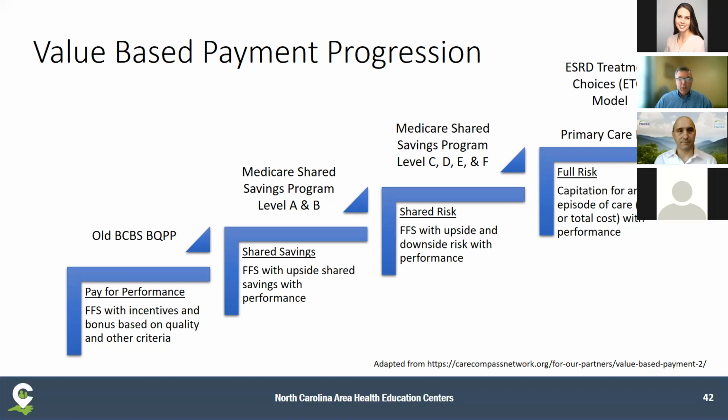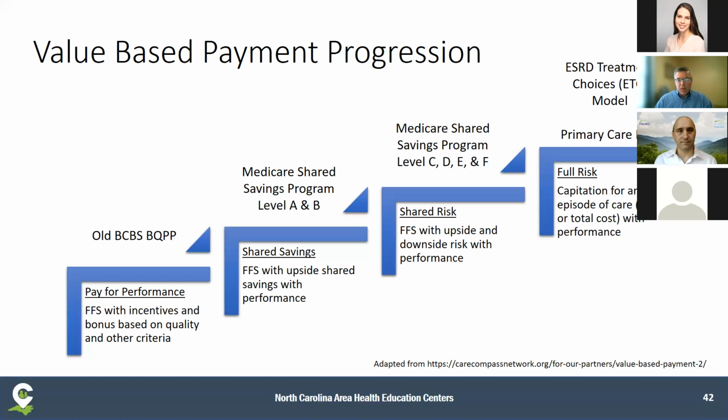So it's important to understand where certain contracts are in this continuum, so you understand your level of risk, upside and downside, as you go through your contract renewals and negotiations.